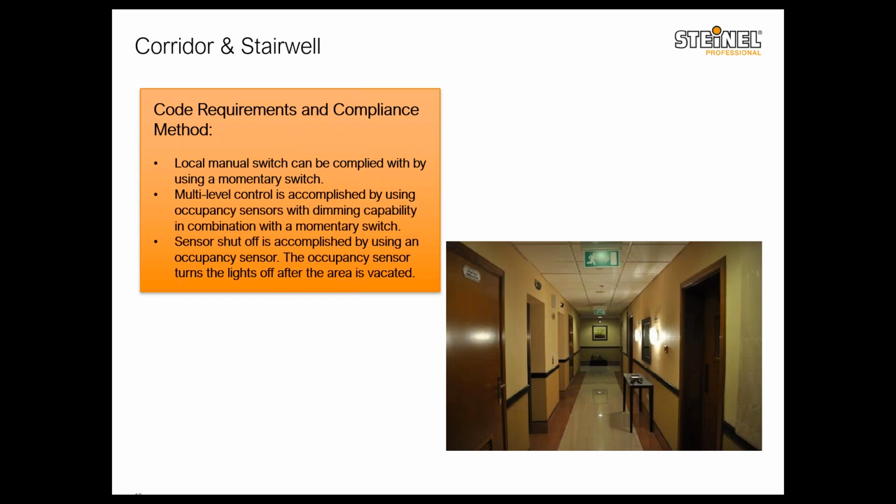Next area which we're going to talk about is corridors and stairwells. Here the code looks very much like a public restroom, with one difference. Stairwells and corridors, especially the corridors that lead to points of egress, must be only turned partially off.